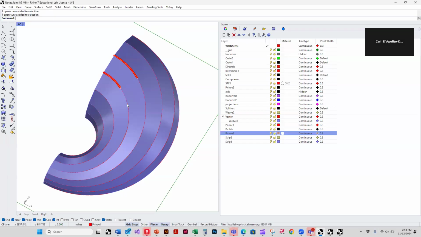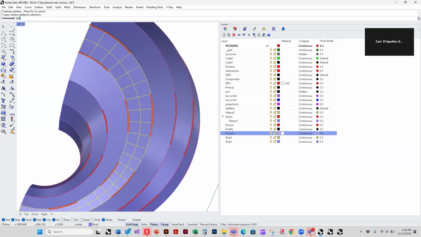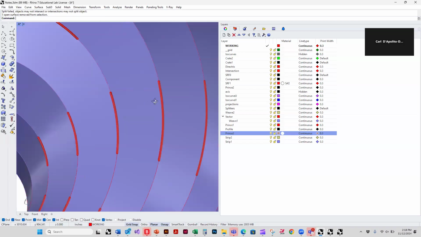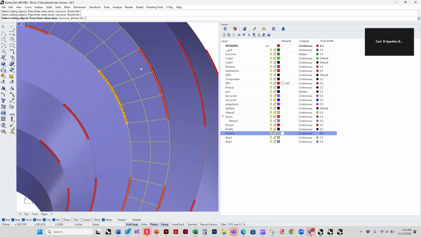Sorry, I think what I've done actually, but it might work either way, is to do them always in rows. With that, and then you can split that with these to narrow, to create gaps in the surface to allow the weaving to go through.